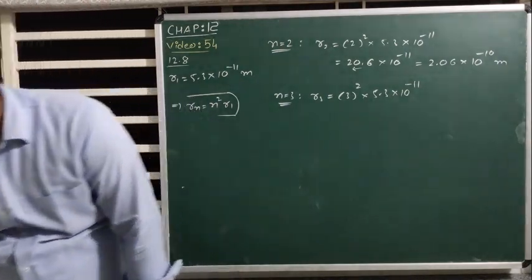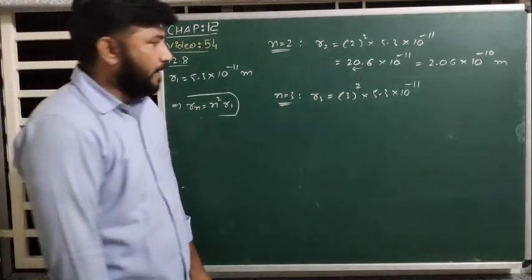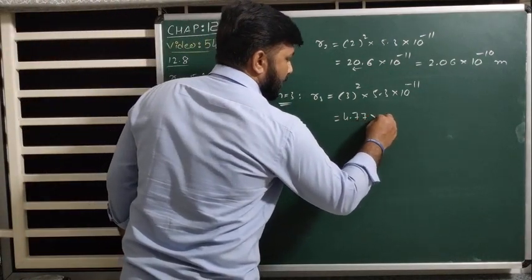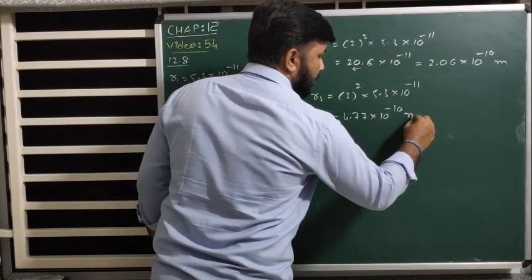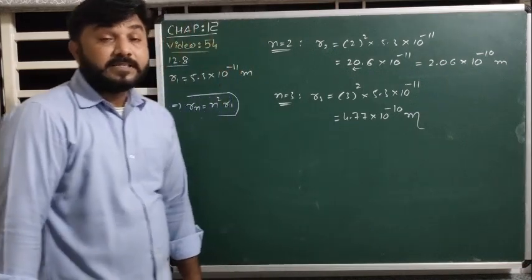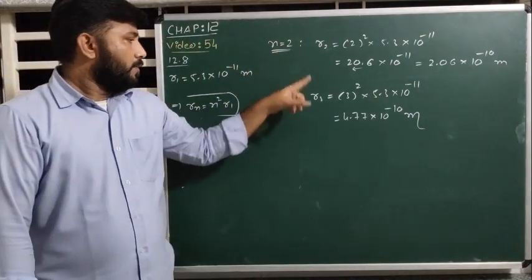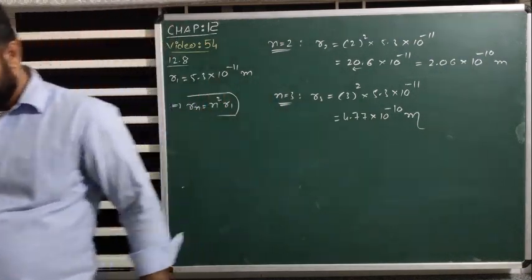Then you will get the value 4.77 multiplied by 10 raised to minus 10 meter. Simple. Have a look. Only one equation. Maybe asked as a 2-mark question.